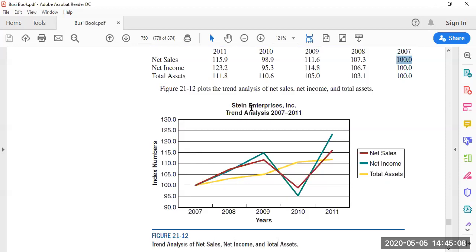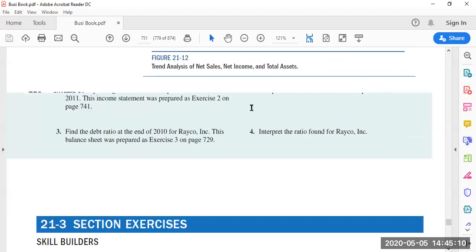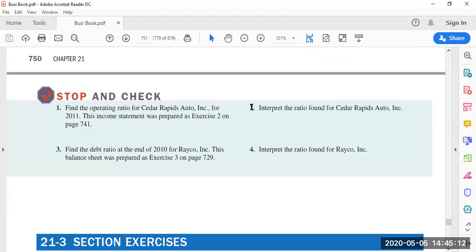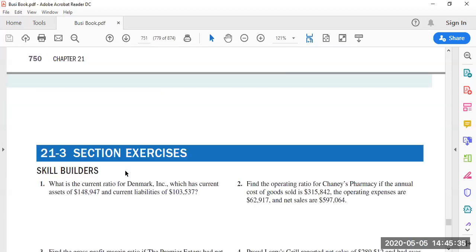Okay, there you go. That's all we have for this chapter, and that was a lot, but it's very important information. Go ahead now and work on stop and check. Go slowly, work it out. Check your answers with what's in the back of the book. And then, once you have a good handle on this, you can proceed to the section exercises.